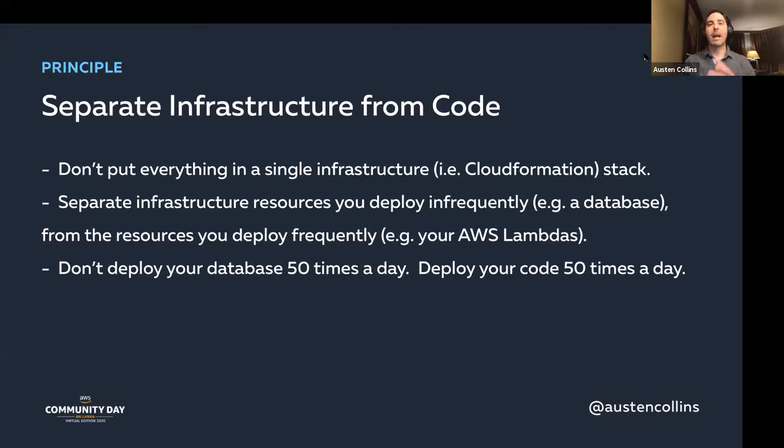And a lot of these people might have messed up some configuration, and they were just simply trying to deploy a code change, but they ended up messing up something to do with the database, or getting their CloudFormation in an infamous update rollback failed state, and they can't figure out how to get their CloudFormation stack out of that state. So this is huge. And the way to get around this is to separate your infrastructure resources, the stuff you deploy infrequently, like a database, from the resources you deploy frequently, like your AWS Lambda.